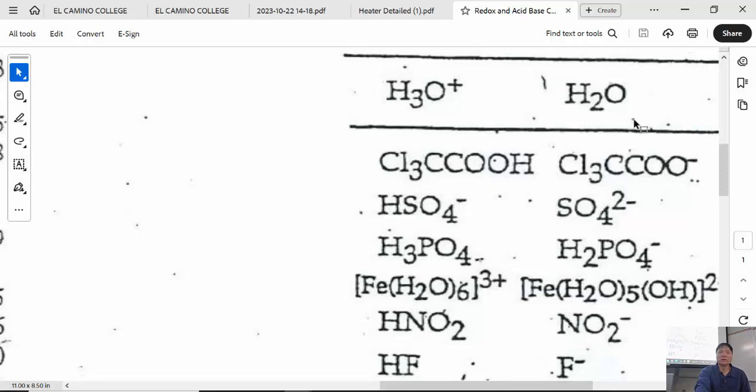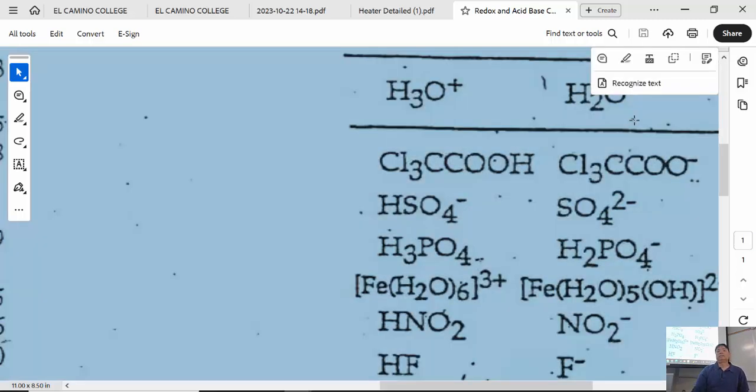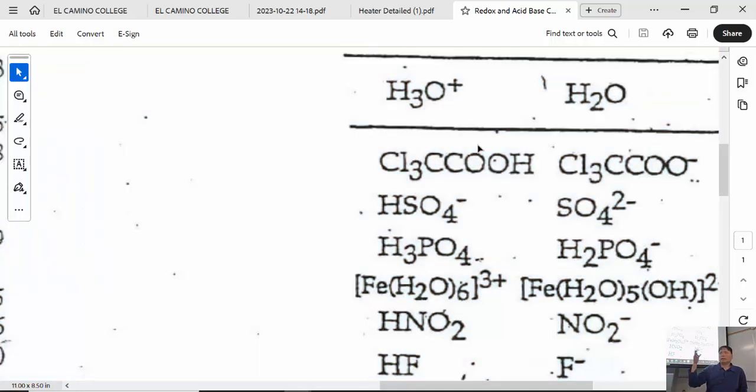HNO2 is called, if you have one less oxygen than the -ic, then we call it the nitrous. Do you guys remember per-ic, -ous, hypo-ous? Yeah. So nitrous acid. So it's stronger than nitrous acid, stronger than, what's HF called?